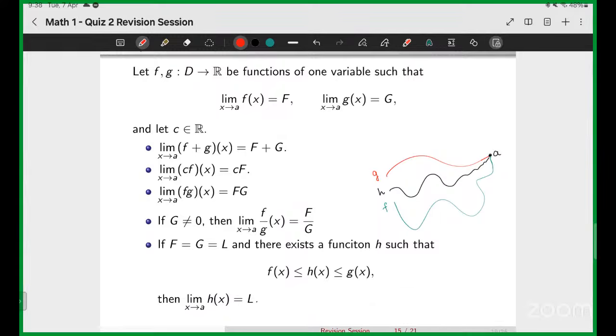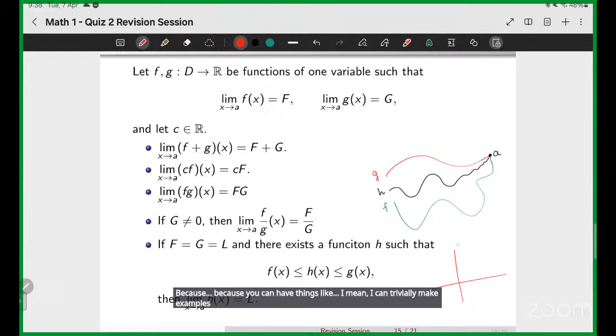Sir, h(x) should be bounded, right? Near the point of interest, yes. I can trivially make examples.